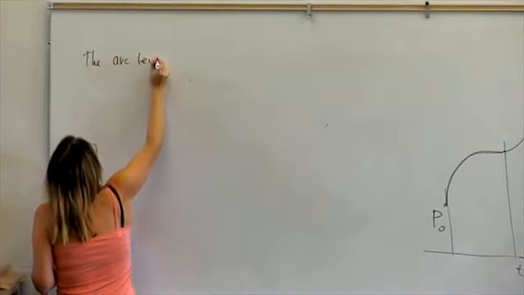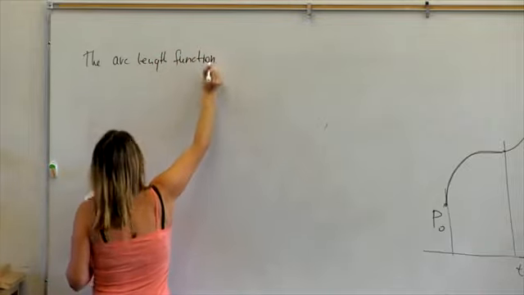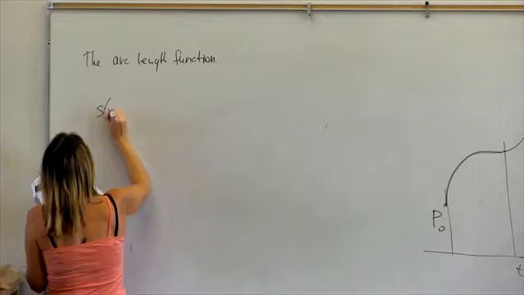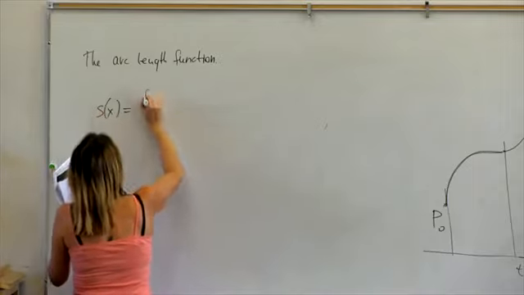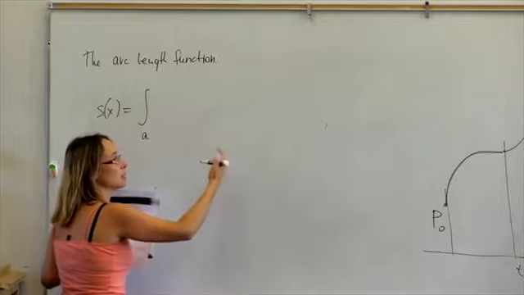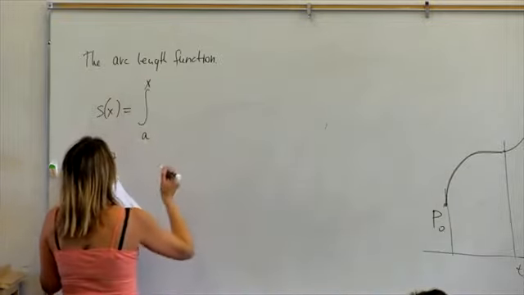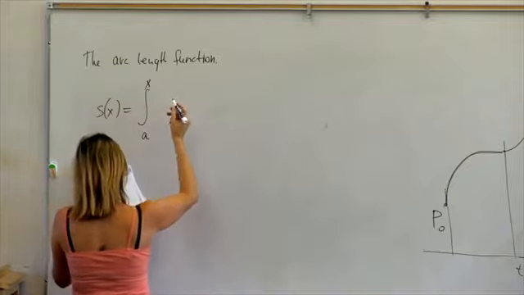Arc length function. So we call it S of x, and it's an integral from A, not to B, not to some fixed location of the end, but from A to variable x.